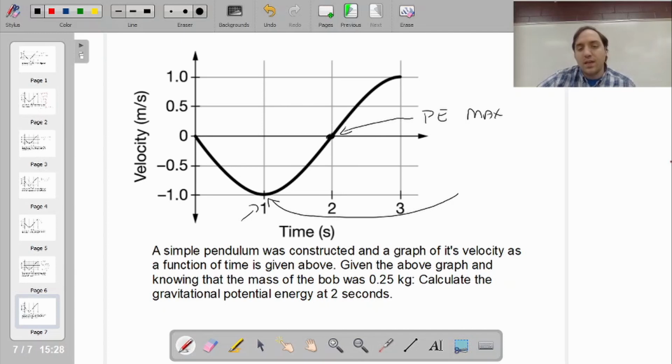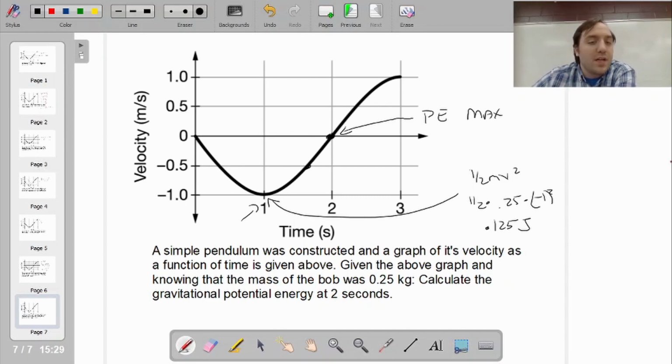So looking here, 1/2 mv squared, 1/2 times 0.25 times -1 squared gives me 1/2 times 0.25, which is 1/8 or 0.125 joules.